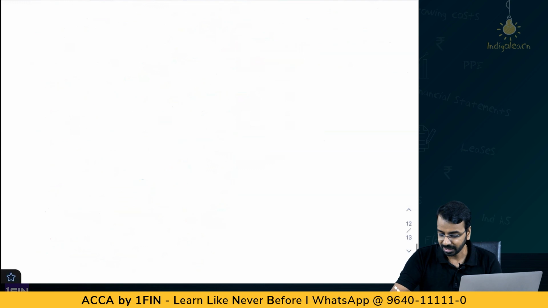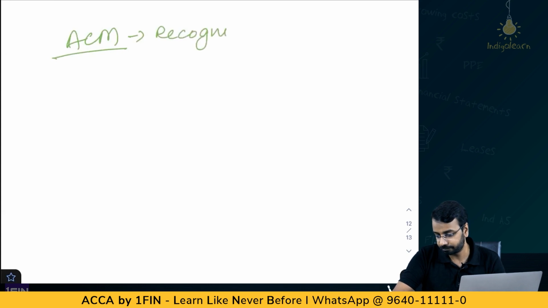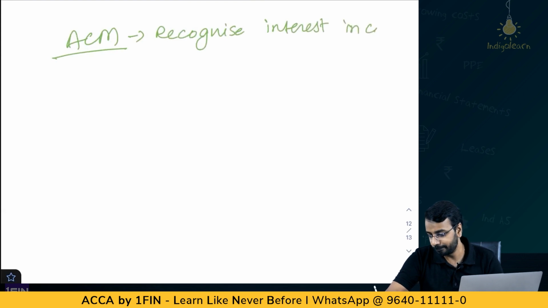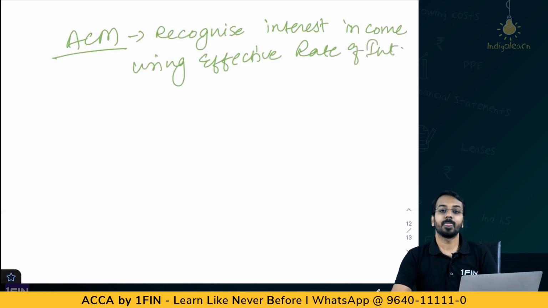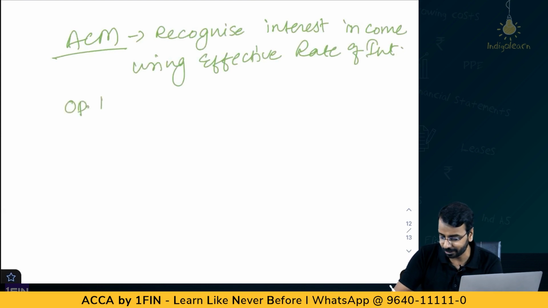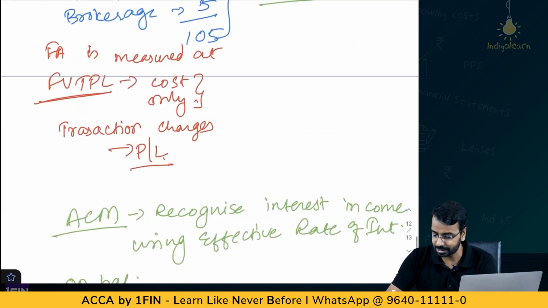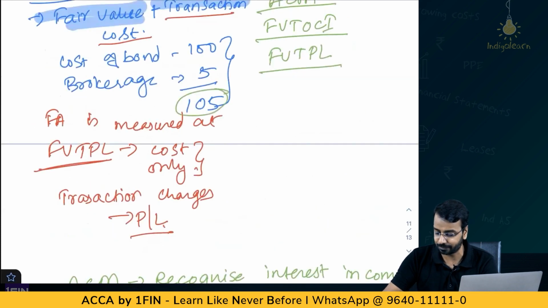Now, when we talk about the amortized cost method, here we will recognize interest income using the effective rate of interest. They will give you the effective rate of interest. What you will need to do is see what the opening balance is. For example, in this case, our opening balance is 105.